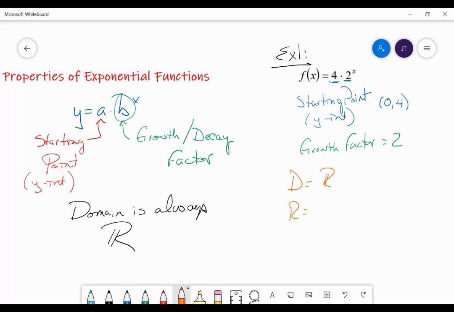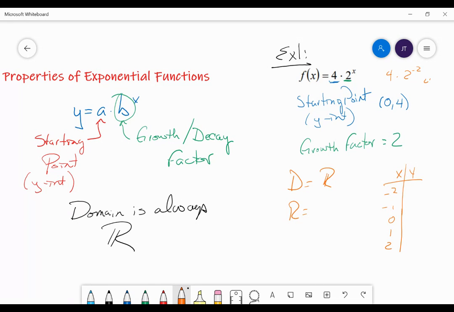Our range, see here, the lowest you can get, well, the lower and lower negative that your x value gets here. Like if we look at a table real quick, say -2, -1, 0, 1, and 2 for our x value. If we plug in -2 here, that's going to be 4 times 2 to the -2. Well, we remember negative exponents means you flip it.